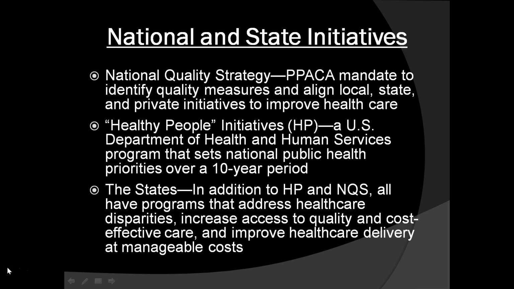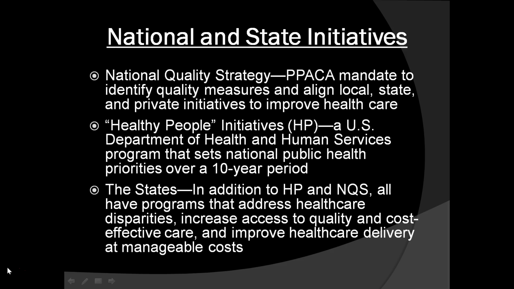So there are some national and state initiatives that are in place to help toward achieving the goal of population health. The National Quality Strategy, which is a PPACA mandate, identifies quality measures and aligns local, state, and private initiatives to improve healthcare. Then you've got Healthy People Initiatives, which is a U.S. Department of Health and Human Services program that sets national public health priorities over a 10-year period.